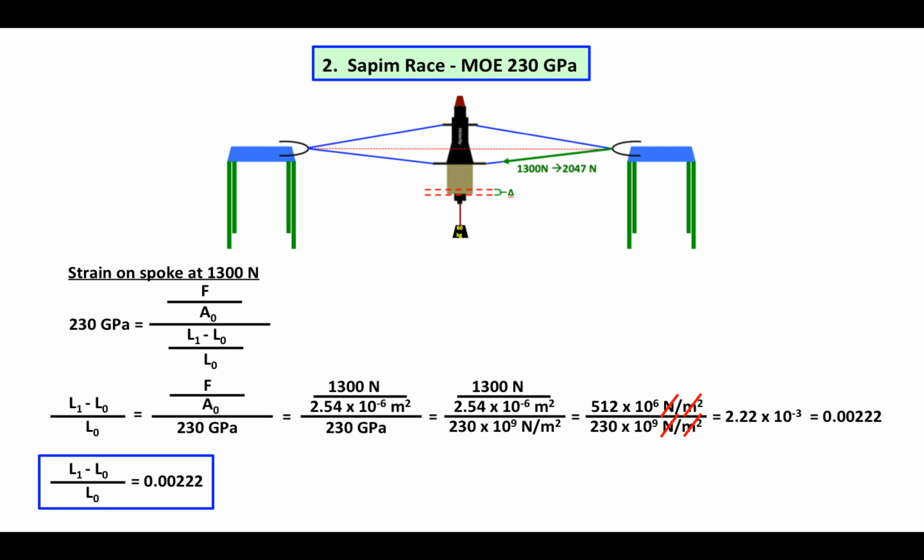The analogous results show us that in the case of the Supreme race spoke with a modulus of 230 gigapascals, if I start with 260 millimeters, then the length at 1300 newtons is going to be 260.57 millimeters. And the length L2 at 2,047 newtons would be 260.91.